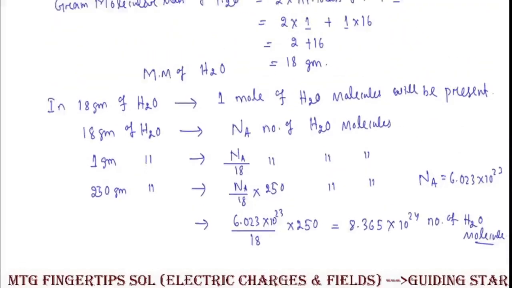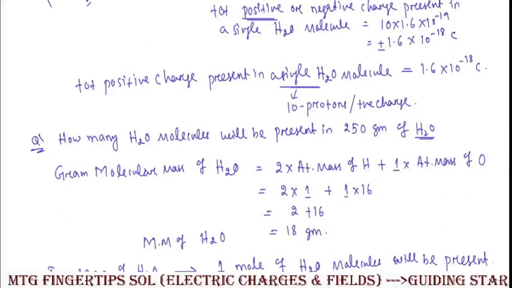Just before this, we calculated that the total positive charge present in a single water molecule is 1.6 into 10 to the minus 18.